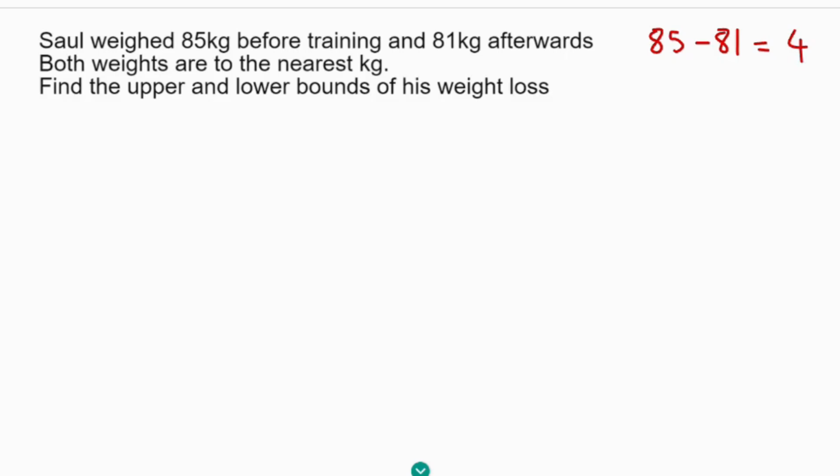Okay, so it is a subtract question. We need the difference. So let's involve the upper bounds and lower bounds now. 85, upper bound would be 85.5, lower bound would be 84.5. For 81, upper bound would be 81.5, lower bound would be 80.5.